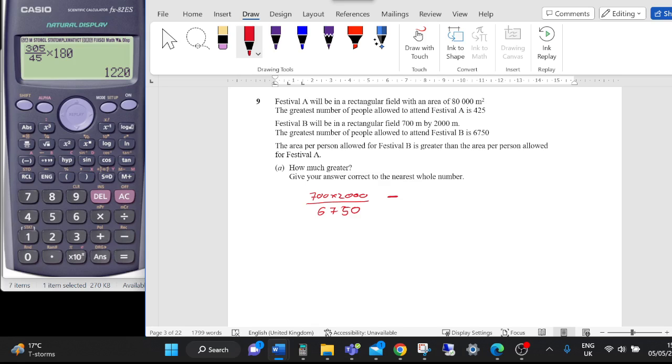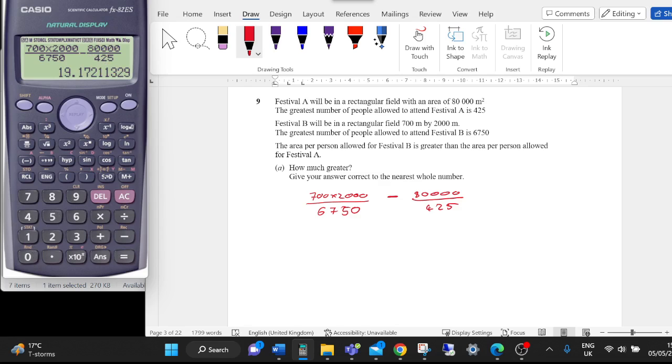The area for Festival A is going to be 80,000 divided by 425. And I could work them out as separate parts. I'm just going to do it as one single sum though, just to save myself a bit of time. Divided by 6,750, and from that I'm going to subtract another fraction, this time with 80,000 as the numerator and the denominator of 425. So we get 19.17.